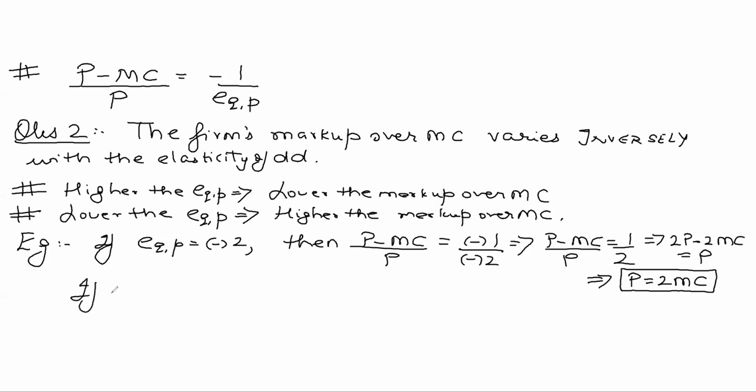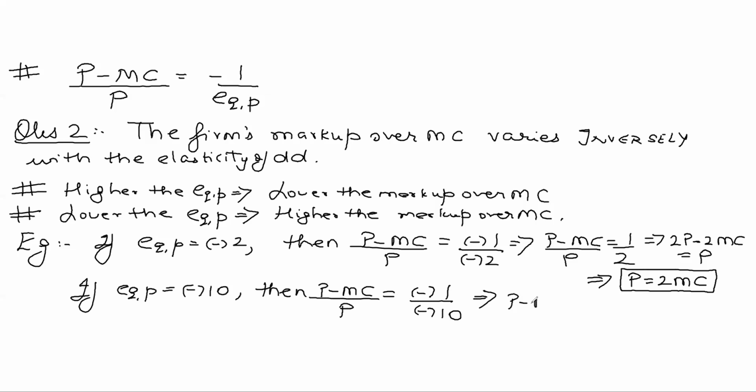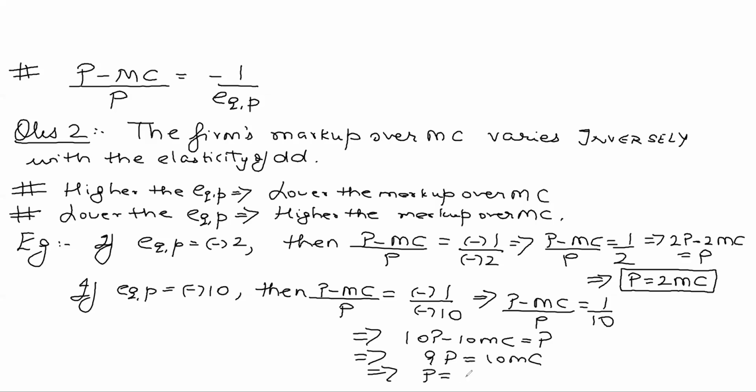But if EQP is -10, even more elastic, then (P minus MC) by P will be -1 upon -10, which will imply that (P minus MC) by P is equal to 1 upon 10, which will imply 10P minus 10MC is equal to P, which will imply 9P is equal to 10MC, which will imply now my price is only 1.1 times the marginal cost.